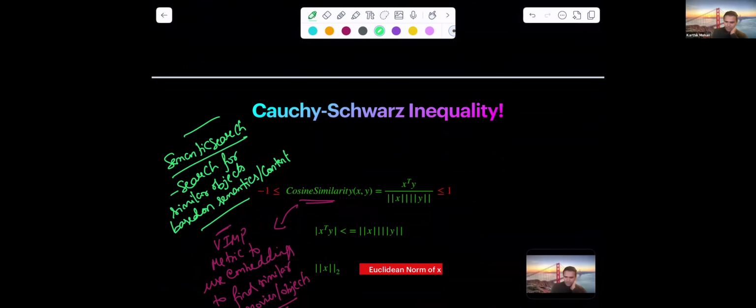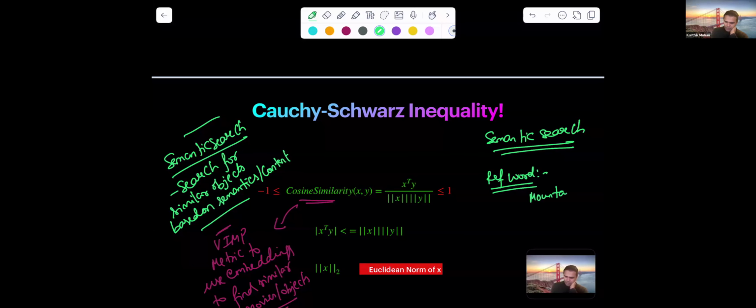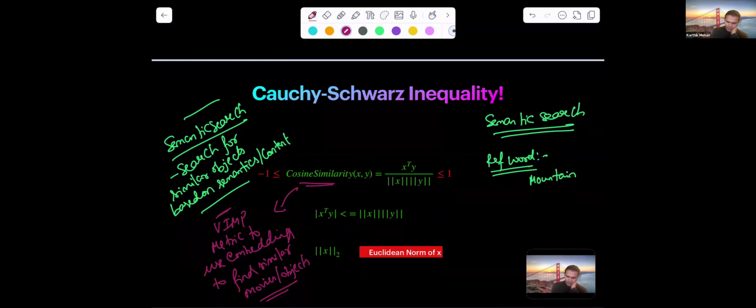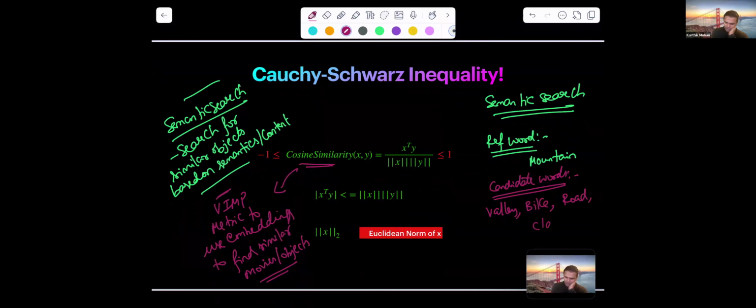Yeah, semantic search is, like here's an example of semantic search. Now, suppose there's a reference word. Let's say the reference word is mountain. And then I give you some candidate words. So let's say candidate words are valley, bike, road, class.